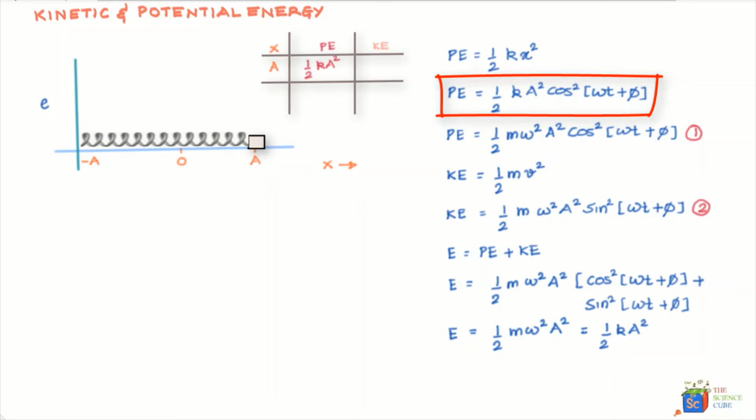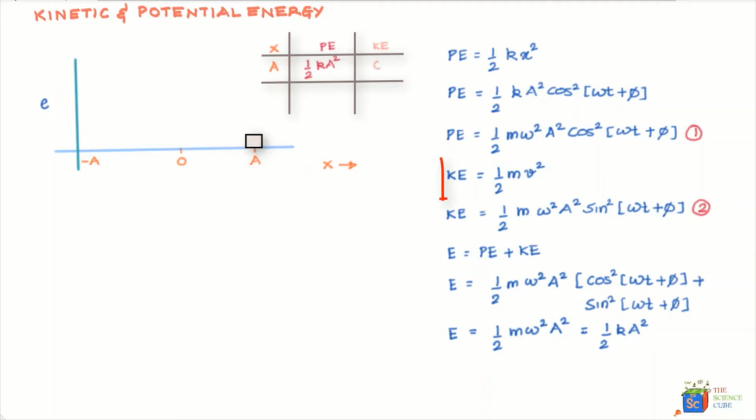Here at point A, we have potential energy equal to half k a square cos square (omega t plus phi). Now we discuss what the kinetic energy is at that point. Here kinetic energy is 0.